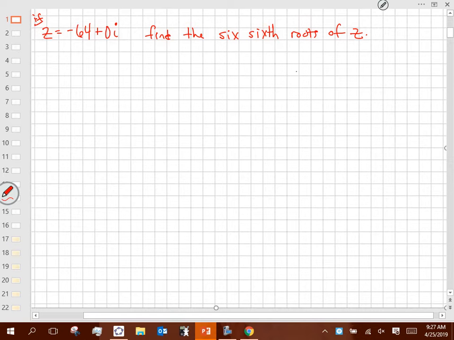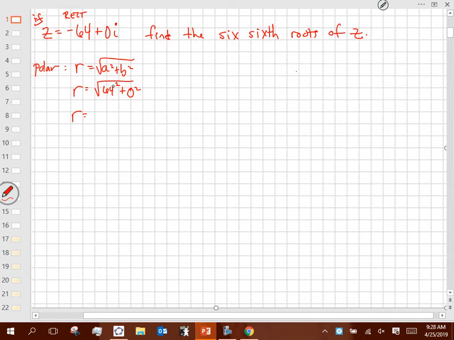In order to do that, we are going to have to take Z, which is in rectangular form right now, and put it into polar form. Remember, in polar form, your radius is the square root of a squared plus b squared. Now it's a distance, so the fact that a is positive or negative doesn't really matter. Same thing for b. So a would be negative 64, we'd square that, plus b would be 0, we square that.